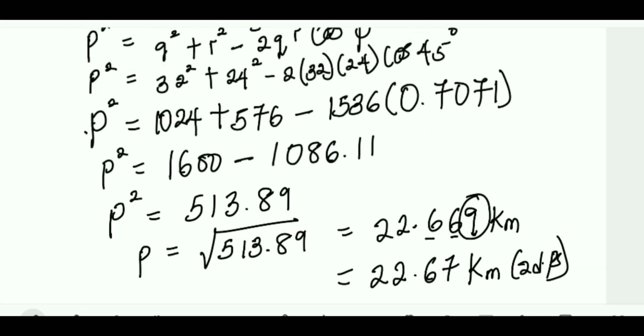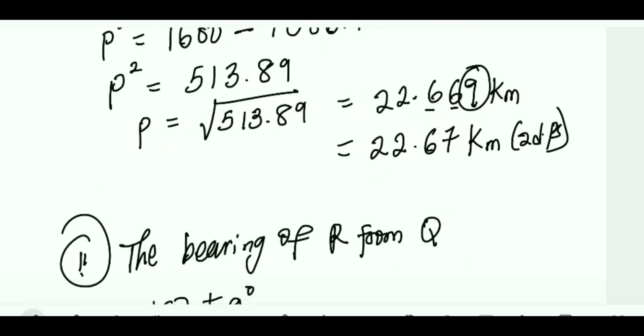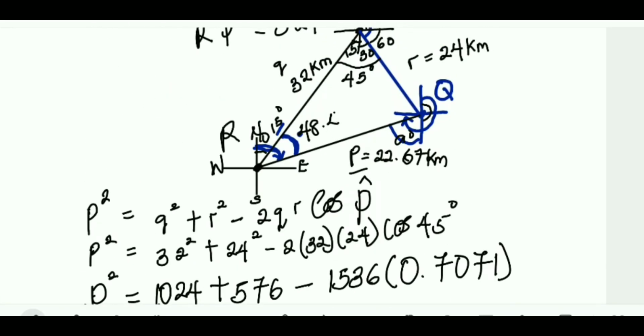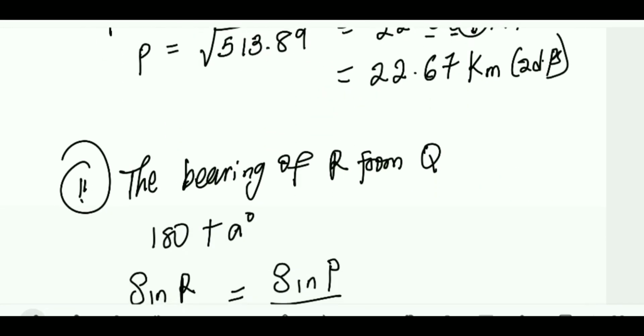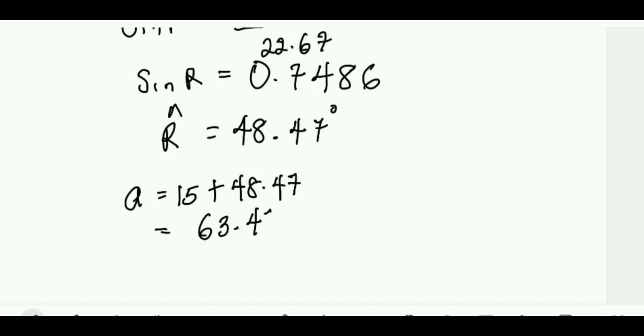Let's get back to the diagram. So this is 48.47 degrees. So my entire A is 15 plus 48.47 degrees. If we add this together, 48.47 plus 15 will give you 63.47.